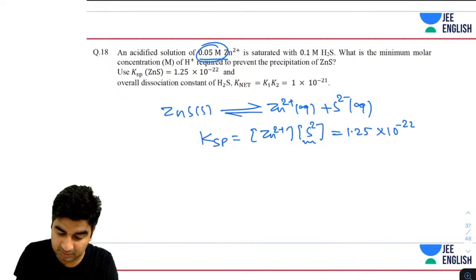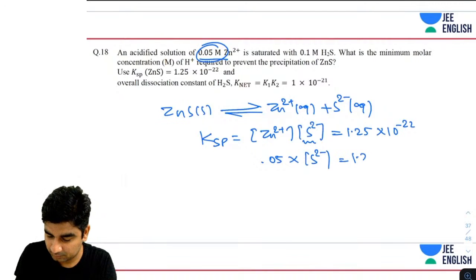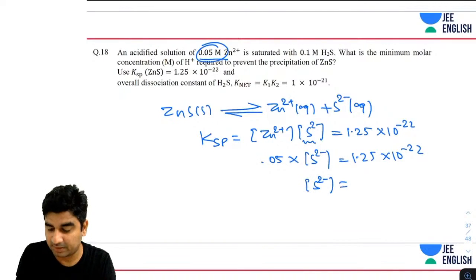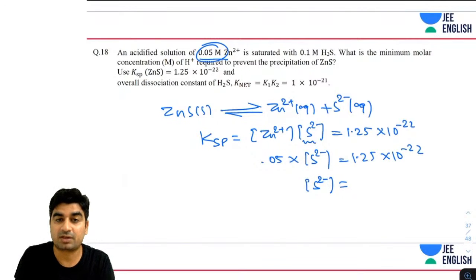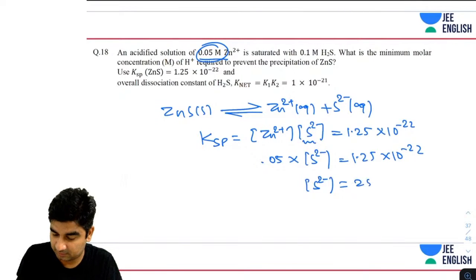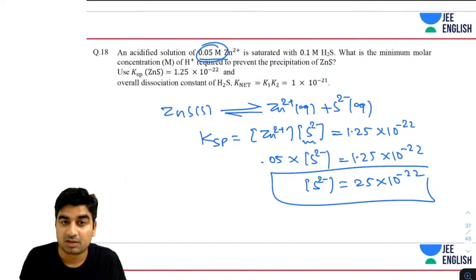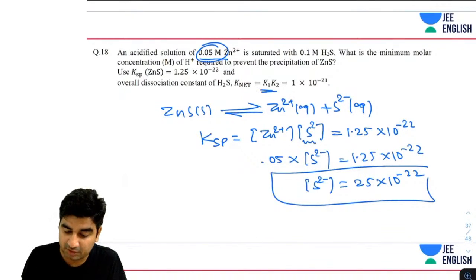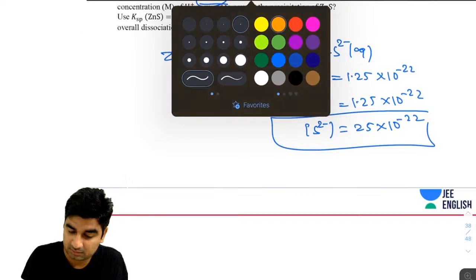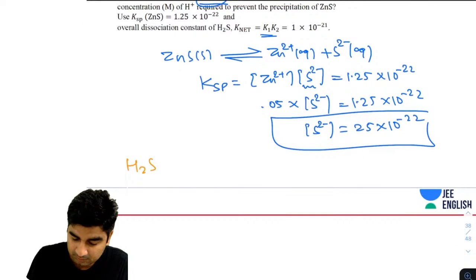How will you do it? Zn concentration given is 0.05. So concentration of S2 minus will be this. So this is the minimum concentration which you require. Now it is given that K1 and K2 for H2S. So what does it mean?